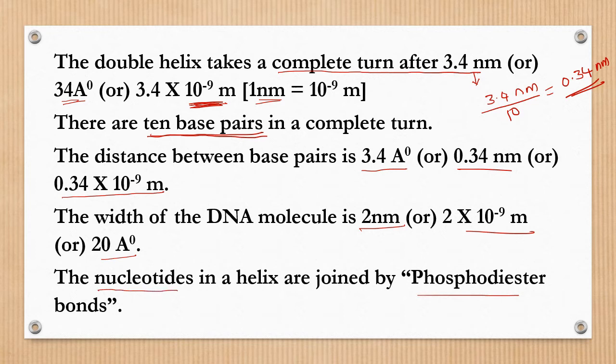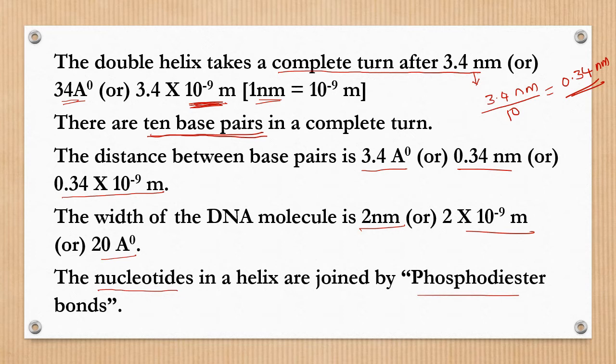Nucleotides in a helix are joined by phosphodiester bonds. The two nucleotide chains in the double helical structure are joined by hydrogen bonds.